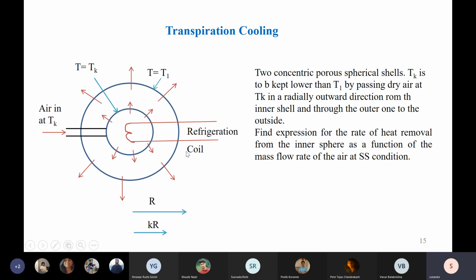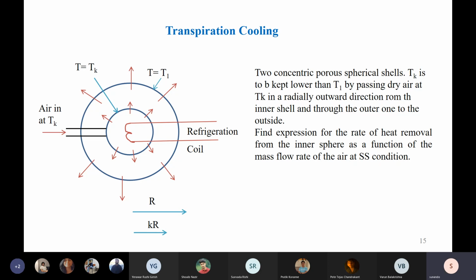That is what someone has proposed, and it is your job to see whether it truly reduces the heat to be extracted by the refrigeration coil in order to maintain the temperature of the inner liquid at T_k. Is my problem statement clear to all of you?